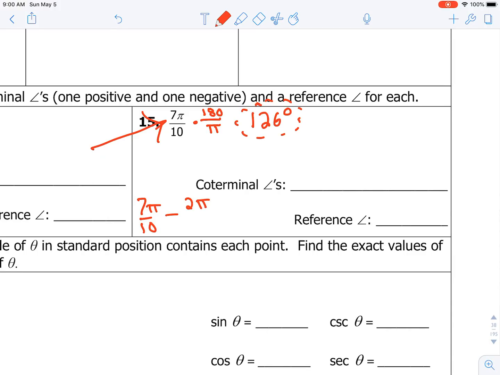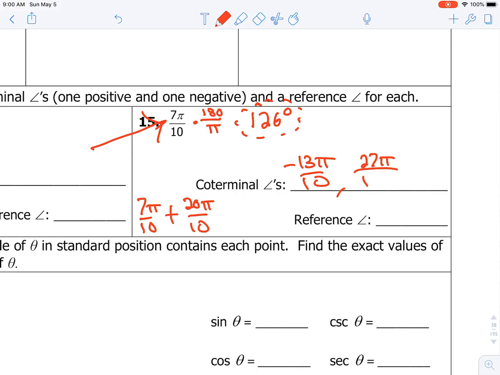So 2 pi in tenths is 20 pi over 10. And then that would be negative 13 pi over 10. And then we have to add our 20 pi over 10, and that's going to give us 27 pi over 10.